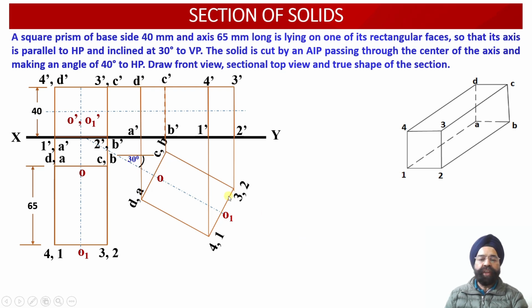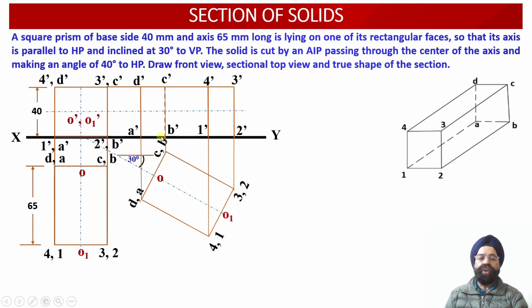Now corresponding to the front face, here we have got point 1. From point 1 we have drawn a vertical projector line. From point 1 dash we have drawn a horizontal projector line. So the intersection of these two projector lines has provided us with the location of the point 1 dash over here. Similarly, here we have drawn a vertical projector line through point 2.